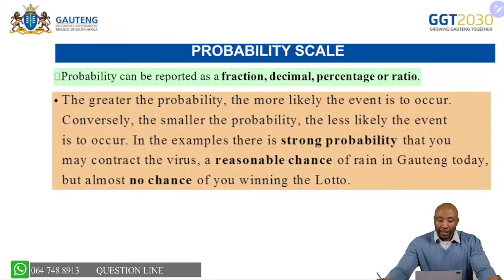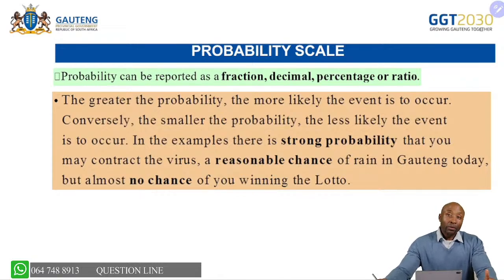The statement continues. The greater the probability, the more likely the event is to occur. Conversely, if there is a small probability, there is less chance that the event will occur. For example, the one that I used, that there is a 70 to 100 chance of contracting the flu virus, it's a strong probability, as you can see.